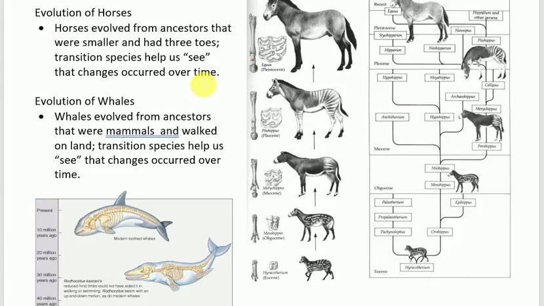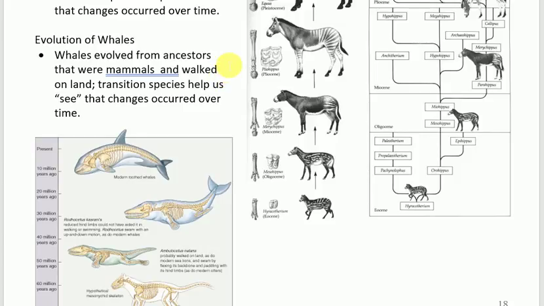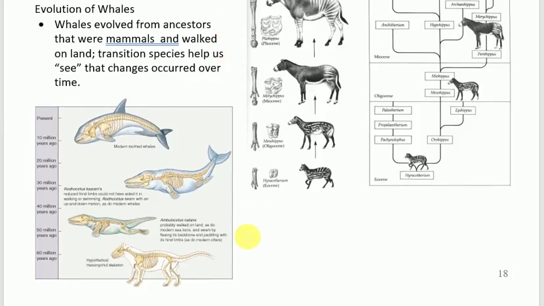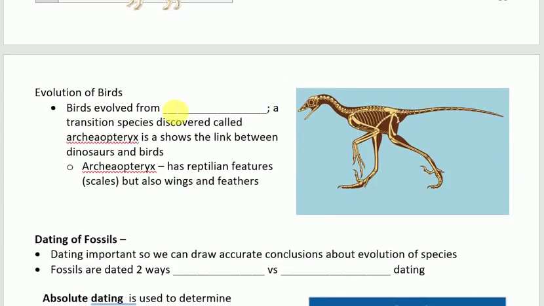We can also see in the evolution of whales, they evolved from ancestors that were mammals and actually walked on land. And you can see the transition and how it has occurred over time. Really quite interesting. So the evolution of birds also.